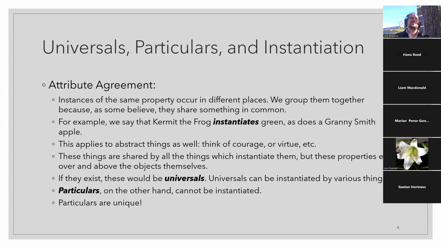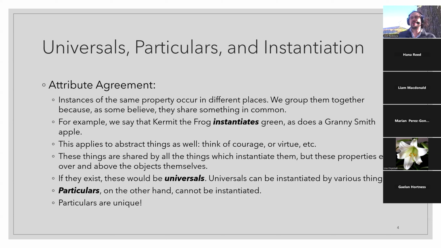But we want to say, or it seems, that the properties exist over and above the objects, right? So courage exists, and this is quite a Platonist or Platonic sort of view. Courage exists over and above the courageous individual. And if they do really exist, these things would be universals.